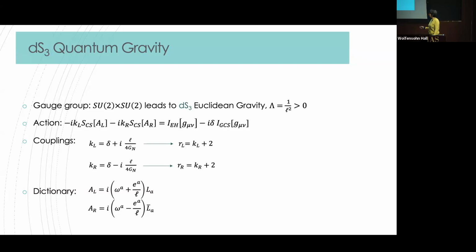Okay, so then later in the talk, as we talk about the quantum properties of these computations, you won't see K, you will see this number R. Okay, but still the imaginary part of R is going to be what you recognize as L over G Newton. Okay, and then the basic dictionary, how you relate the connections to properties of the background, is via this formula. So it's basically the sum and the differences between the Einbein and the spin connection.